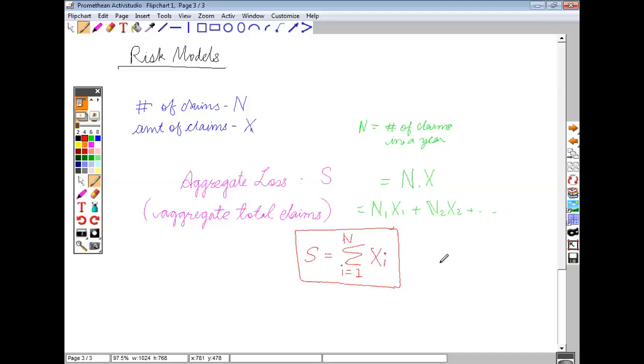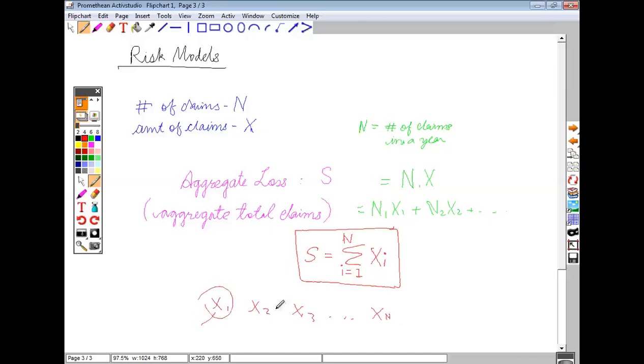Why? Because what I'm doing here is simply adding up all the claim amounts that I incur. If I incur capital N claims, then I will have X1, X2, X3 up until XN. And what does my X represent?